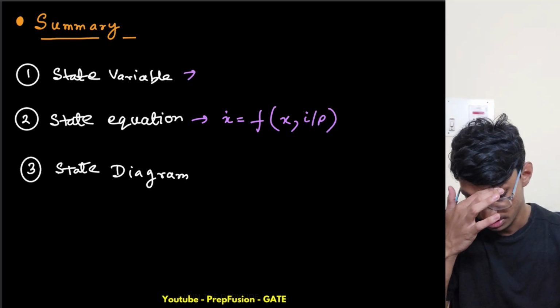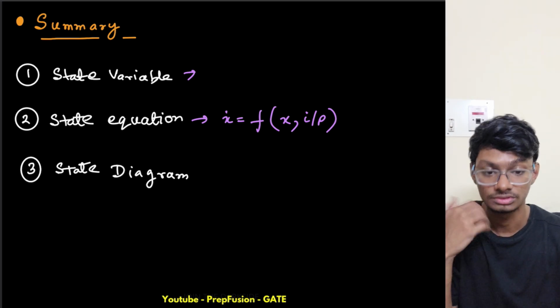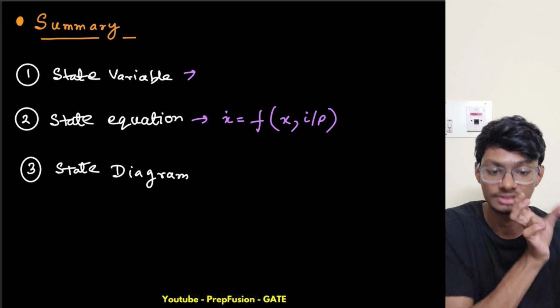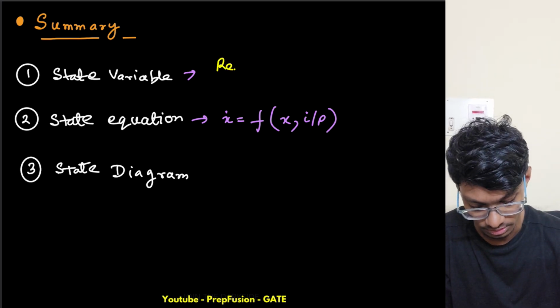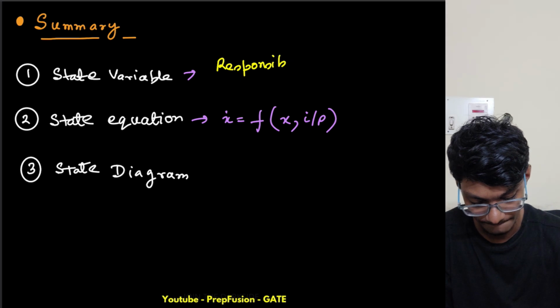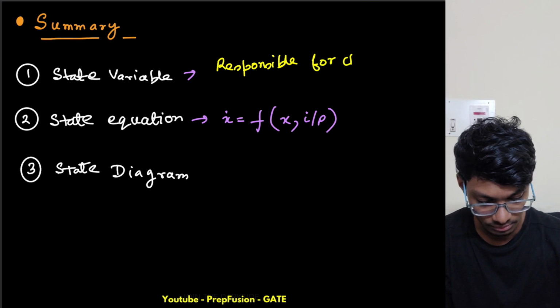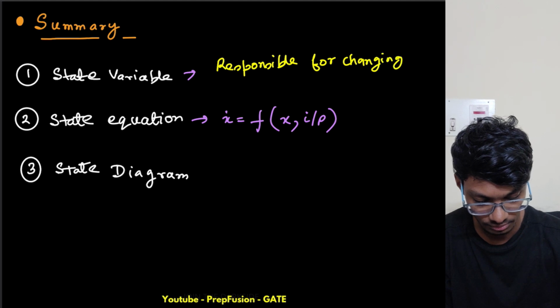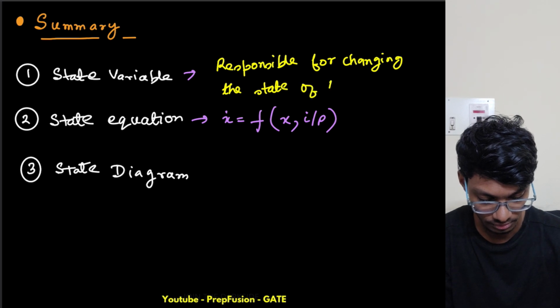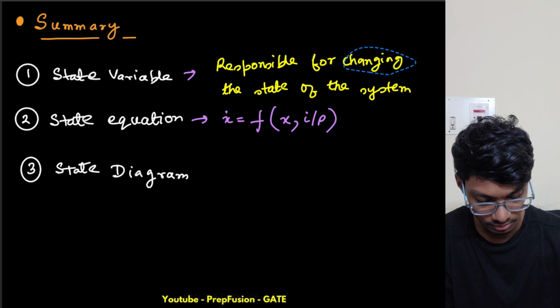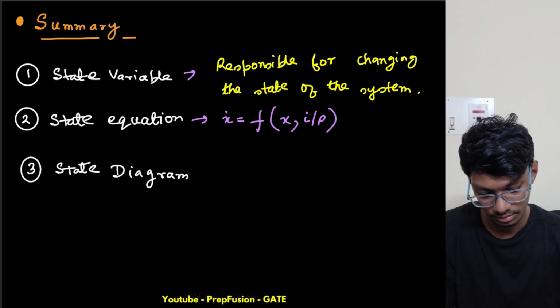The state variables are the variables that are responsible for changing the state of the system. So these are two things.